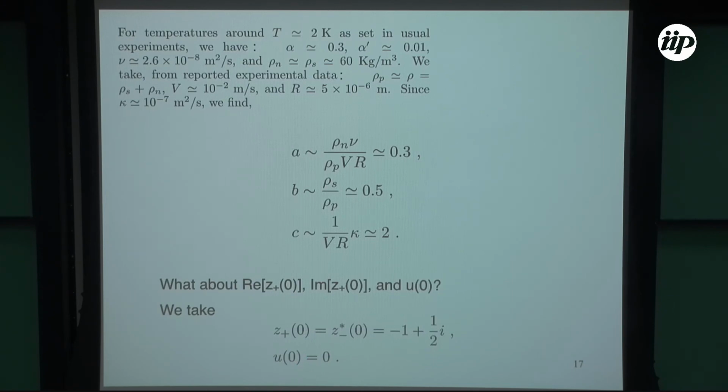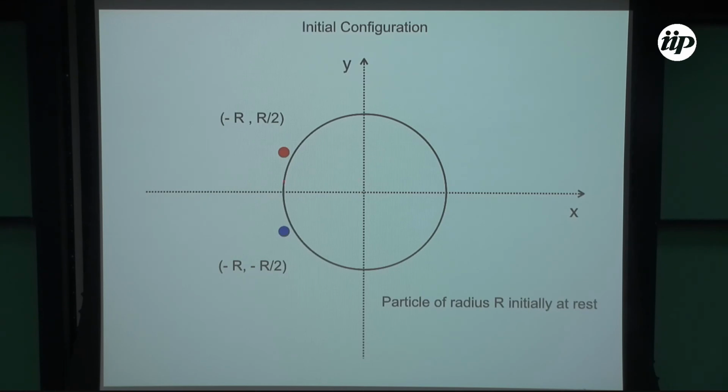So this is the picture. The vortex dipole is really close. The horizontal x position of them is just the radius, but they're displaced a little bit vertically, by half of the radius. And the particle is initially at rest, and then you run your simulations.